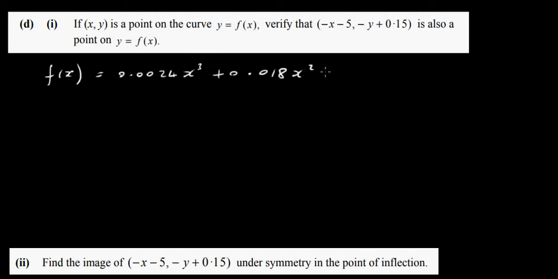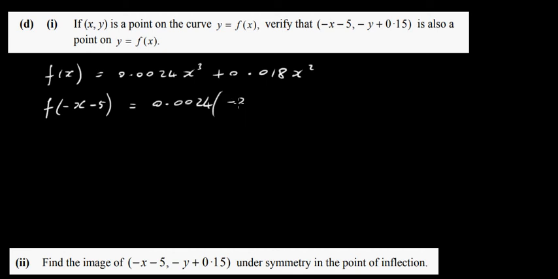So in other words, if we put our x value in here, minus x minus 5 is the x value, minus y plus 0.15 is what we should get when we put this particular value into this function. So let's do that. So we're going to do f of minus x minus 5. They're telling you that this is what the x value is, and you should get this particular value out then. So let's do it.